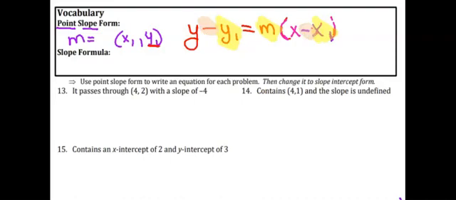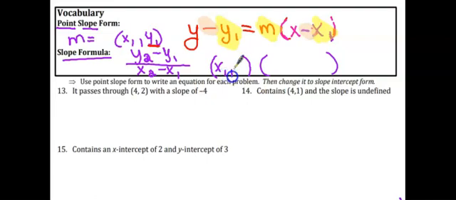Okay? And then the slope formula: we have y2 minus y1 over x2 minus x1. So if you need to find the slope, you have 2 points, x1, y1, x2, y2. Again, that's also subtraction, so make sure there is a subtraction sign in between.